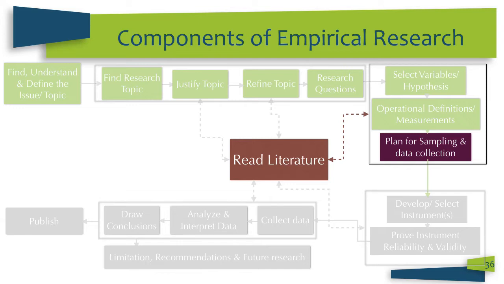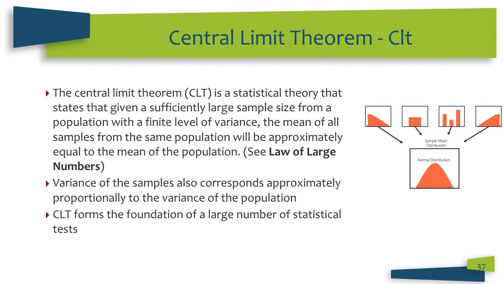Before we look at what is sampling and how it is done, let's look at a very fundamental concept that influences sampling, and that is the concept of central limit theorem. It is a theory that states that given a sufficiently large sample size, the mean of all samples from the same population will approximately equal the mean of the population.